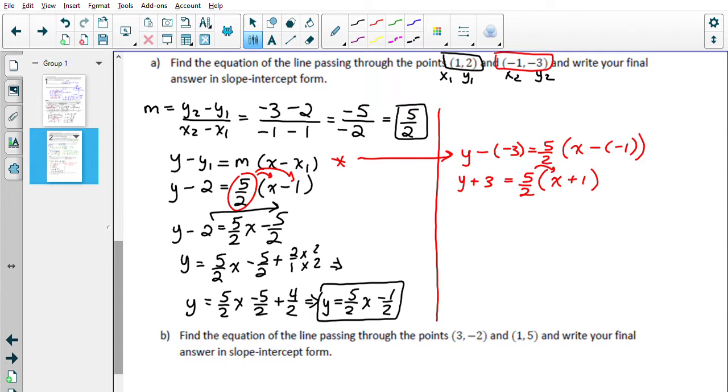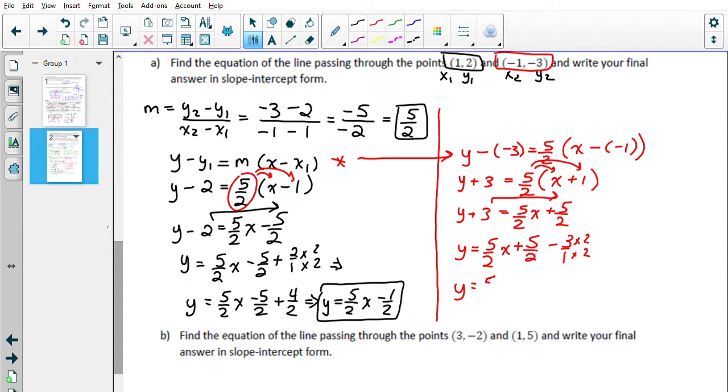You'd have distributed the 5 halves. You'd have had y plus 3 equals 5 over 2 x plus 5 over 2. You'd have taken the 3 to the other side: plus 5 over 2 subtract 3 over 1. You'd have doubled this.